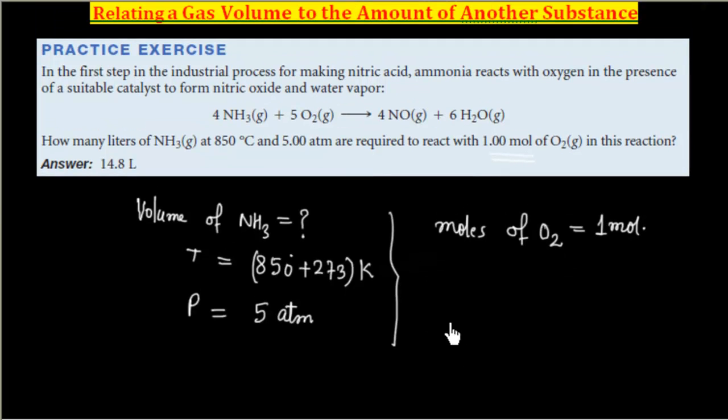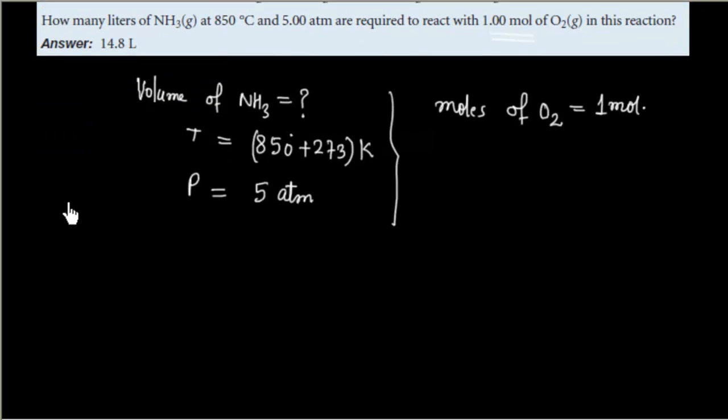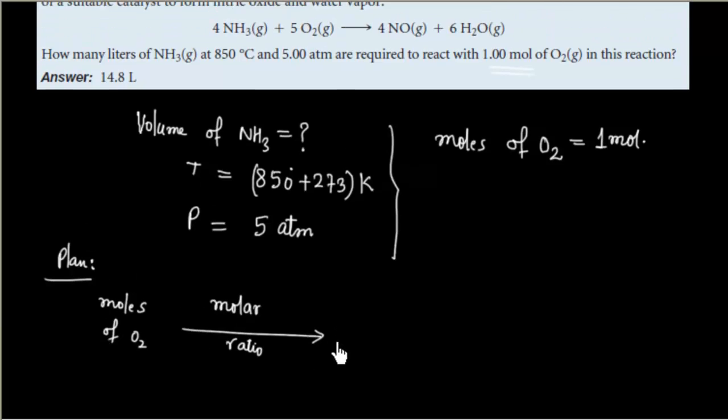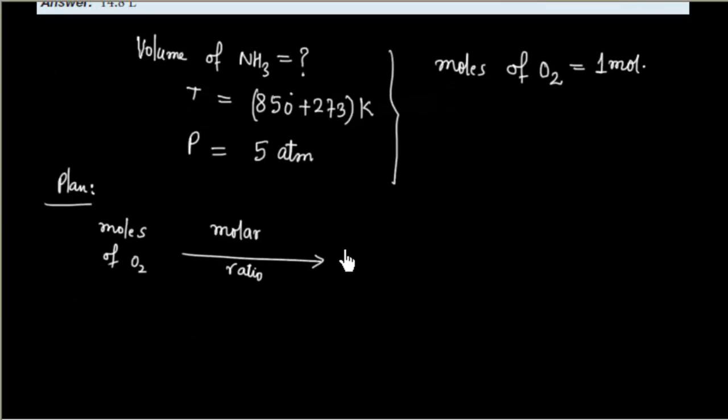So how will you proceed for this problem? We have been given moles of oxygen, and we have to calculate the volume of ammonia. First, since we have been given moles of oxygen, we can calculate moles of ammonia. So what will be the plan? I know the moles of oxygen, and if I use the balanced chemical equation, that is the molar ratio, we can calculate moles of ammonia.